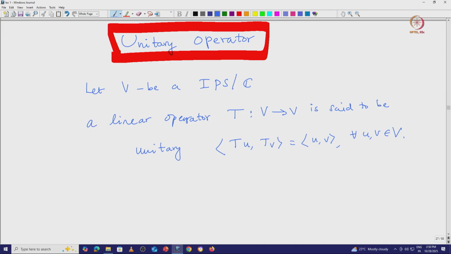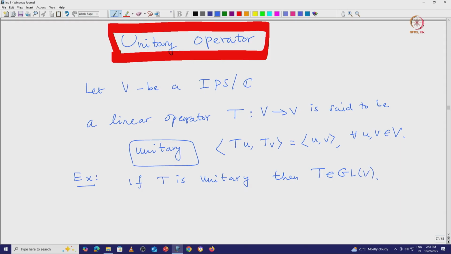So, note that this condition immediately implies that T must be 1 to 1. So, in particular it must be an invertible operator. I will leave it as an exercise: if T is unitary, then T is invertible.